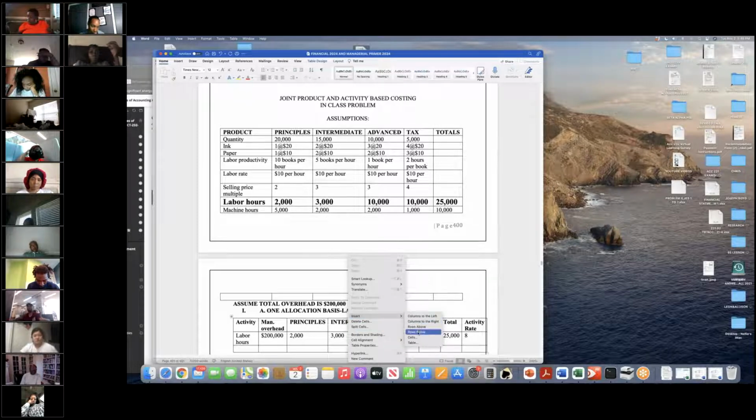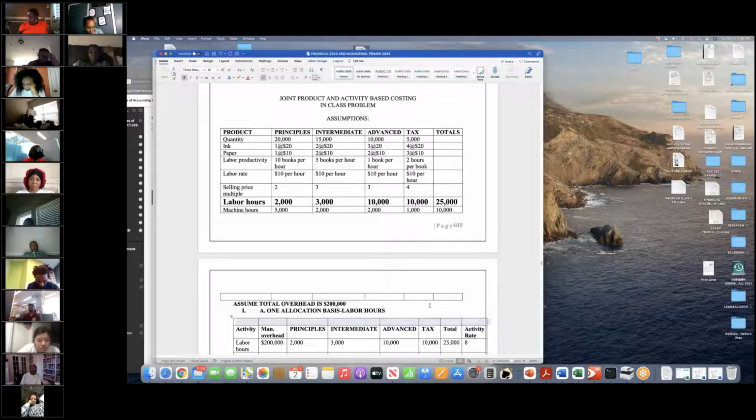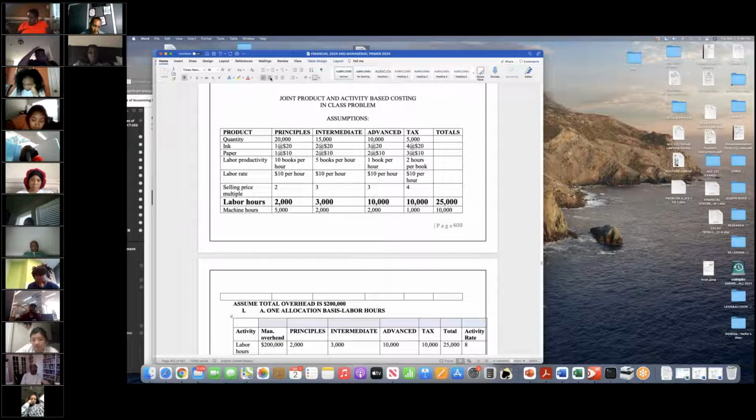Insert. So if we look at columns, we'll make these 16 and we'll hit center. Okay.